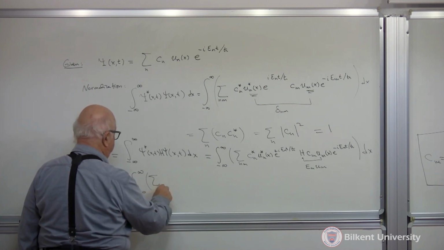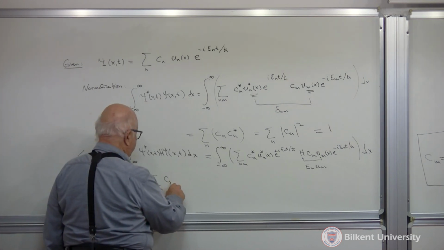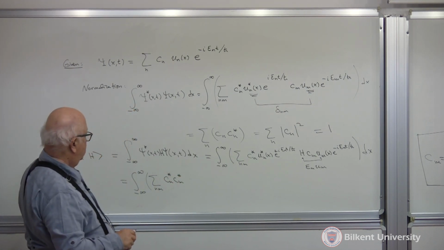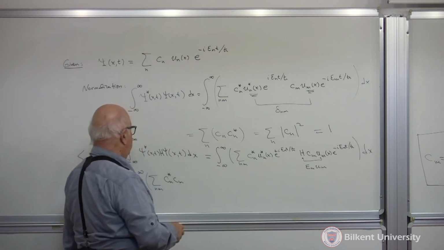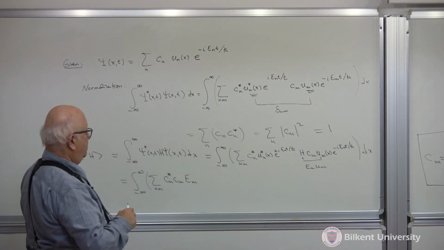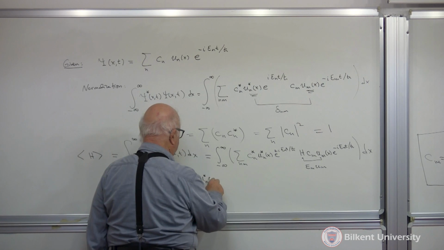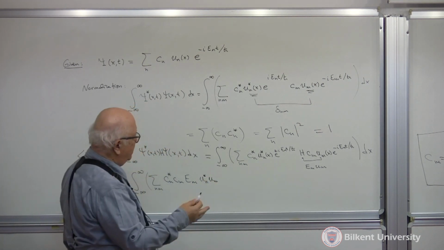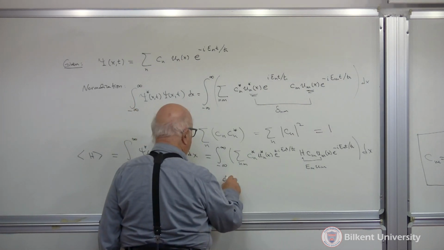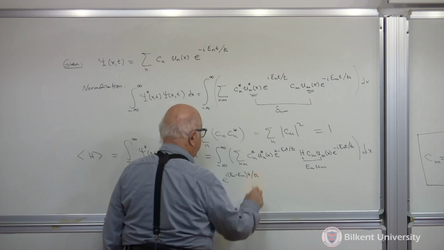I still have sums over n and m. I have Cn* Cm Em un* um, and then a term which is not a function of x, but I have to keep it there, e^(i(En−Em)t/ħ).